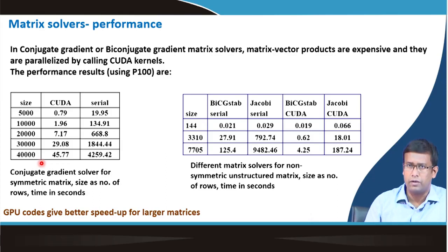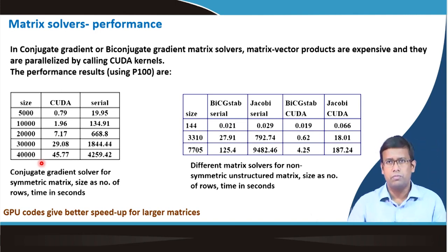For that, in GPU there is a challenge of memory access, so you have to be very cautious while looking into the memory access. Matrix solvers and matrix vector products are very important in scientific computing, and we can see that if we write the GPU codes efficiently, we can get very good speed up, comparable to or even more than a large CPU based infrastructure.